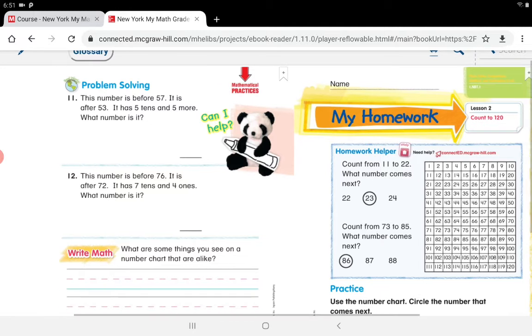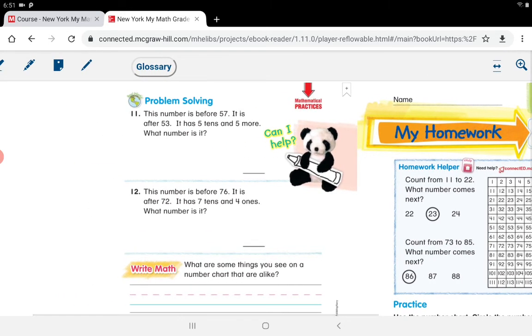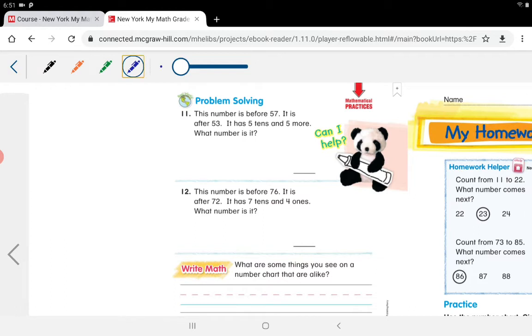So they gave me 57. They gave me 53, 5 tens, and 5 more. And then they want me to know what number it is when I'm done. That's what I need to find out.